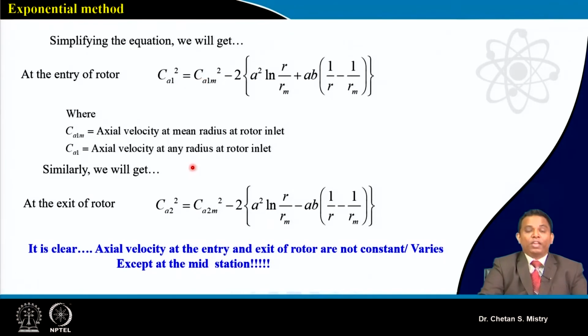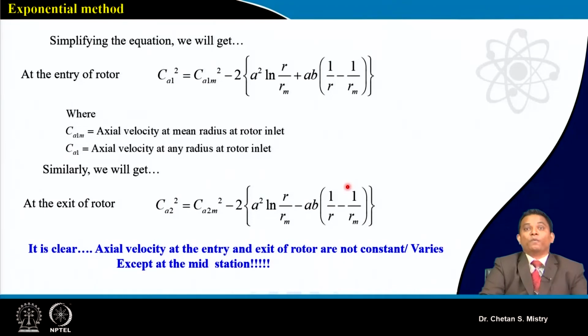Now if we consider what is happening at the exit of my rotor, in line with that we can write down the equation for the exit axial velocity, that is also in terms of CA2 at the mid station, and this is in the form of my radius. So if we look here, this gives a different kind of feeling.